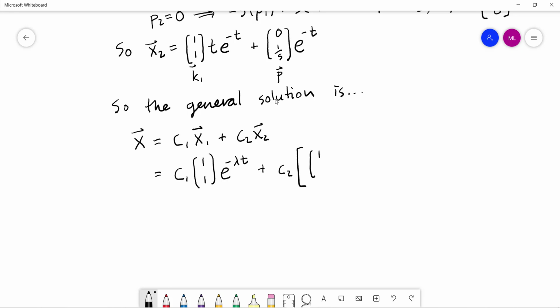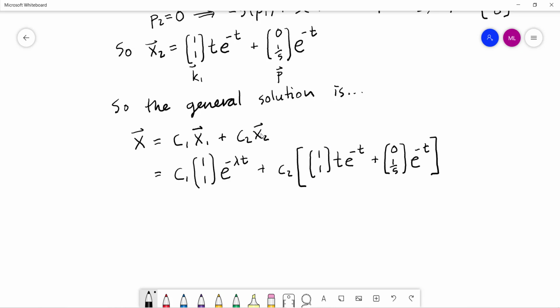So 1, 1 t e to the negative t plus 0, 1/5 e to the negative t. So there is our general solution. This is our x1. This big thing was the x2 that we just found.